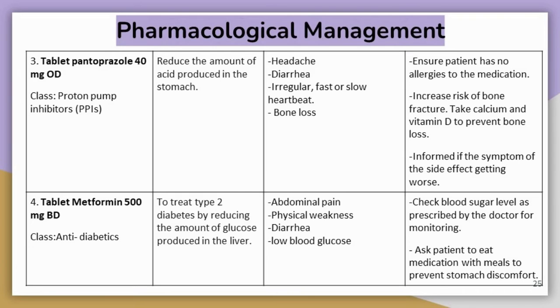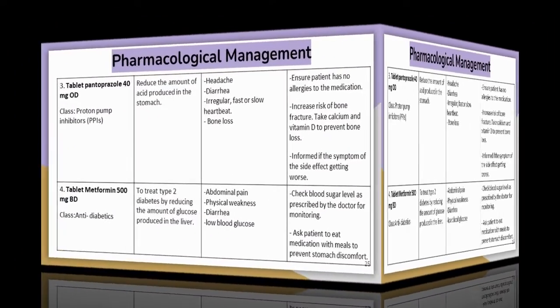Fourth, tablet metformin 500 mg BD. It is an anti-diabetic to treat type 2 diabetes by reducing the amount of glucose produced in the liver. So the nursing responsibilities are to check blood sugar level as prescribed by the doctor for monitoring, and also ask the patient to take the medication with meals to prevent stomach discomfort.